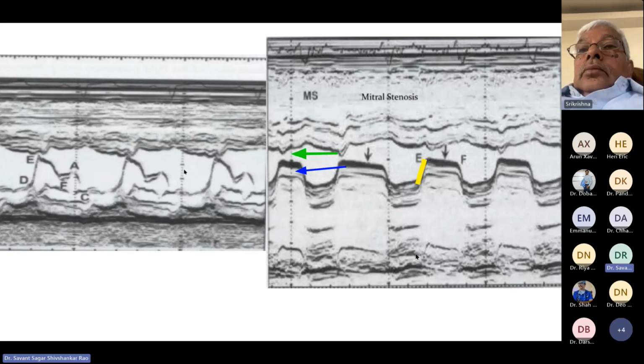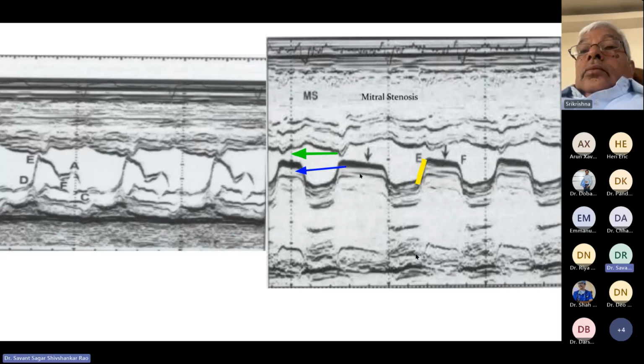On the left side, we can see the normal mitral leaflet M mode. On the right side, we can see the classical mitral stenosis M mode. On comparing, we can see that there is anterior mitral leaflet thickening that is denser than normal.